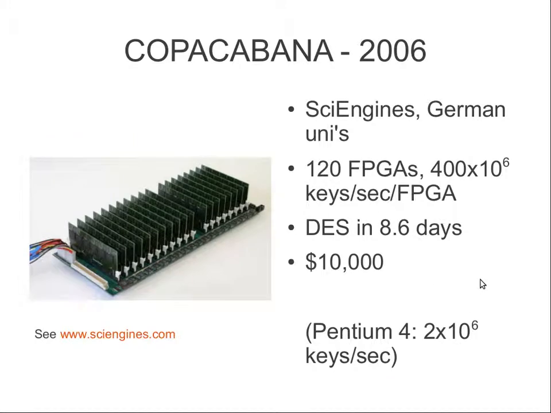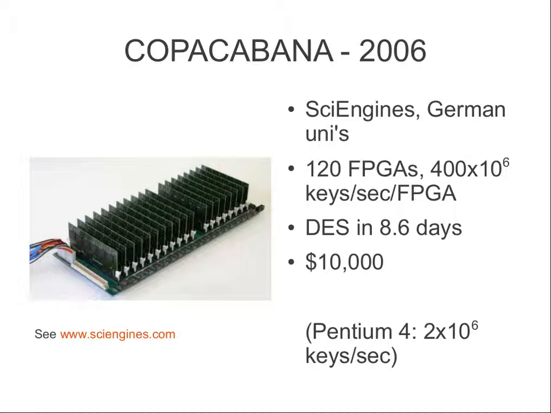More recently, but still 10 years ago, some German companies and universities built Copacabana. They built some field programmable gate arrays, FPGAs, and programmed them just to do DES decryptions. This is the board and these are the FPGAs that are slotted in there.